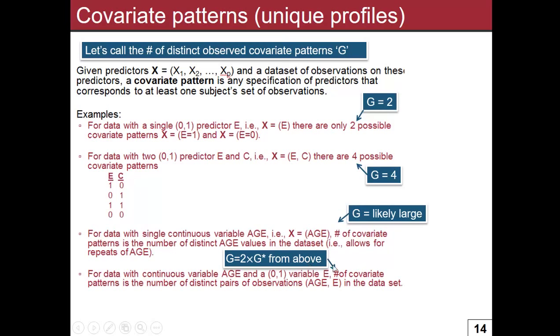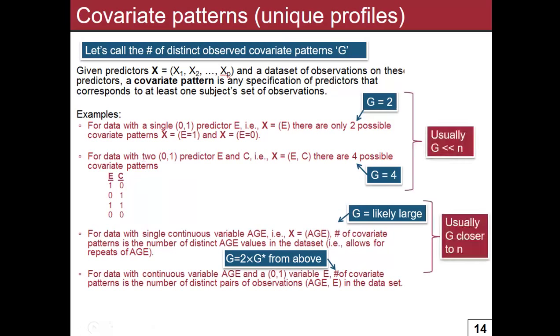All this is to say is that G is just representing the number of discrete types of people in your data. When you have no continuous x variables, this is usually small, usually significantly smaller than n, the number of people in your data set. When you have continuous data, you usually have a number of covariate patterns that's almost as much as your n, right?